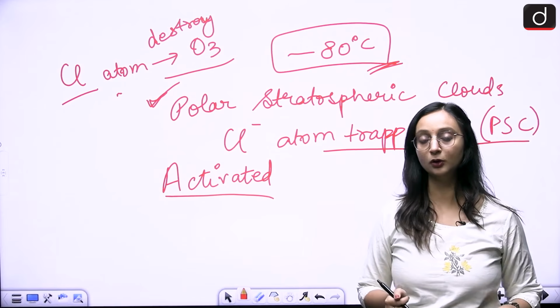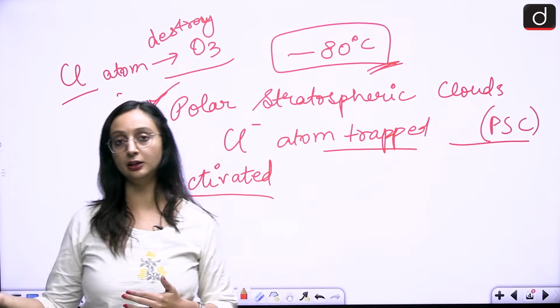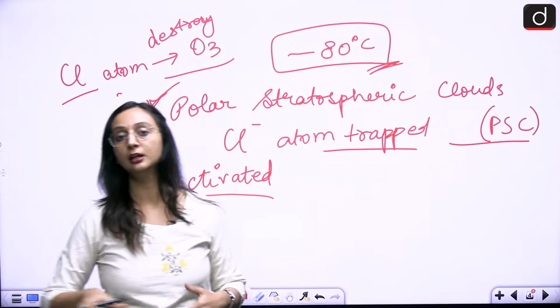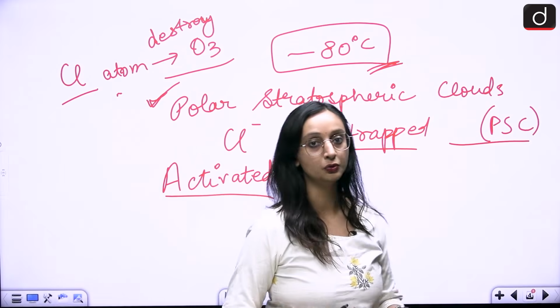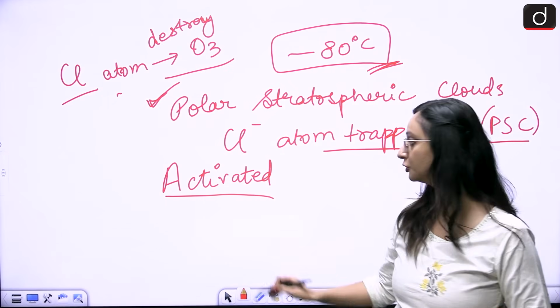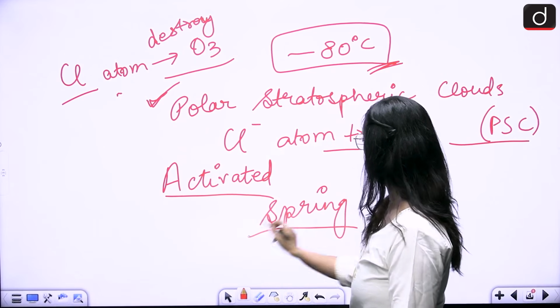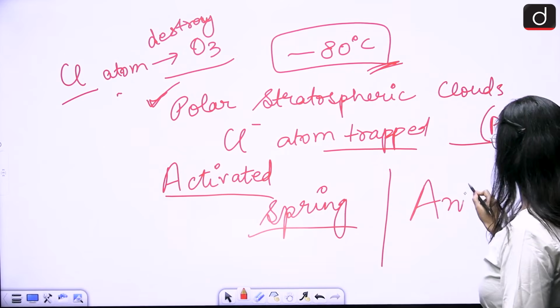Once activated, it starts attacking and destroying the ozone molecules, and then we see ozone layer depletion. So it's a seasonal phenomenon because it's most prominent during the spring season and over Antarctica.